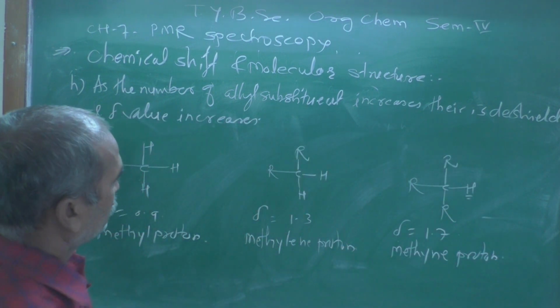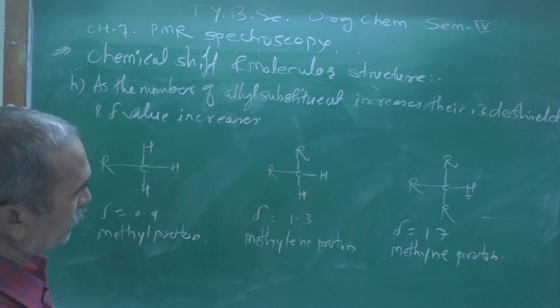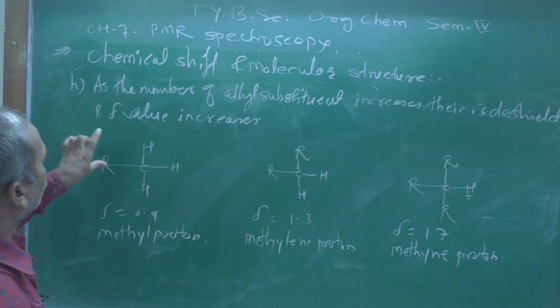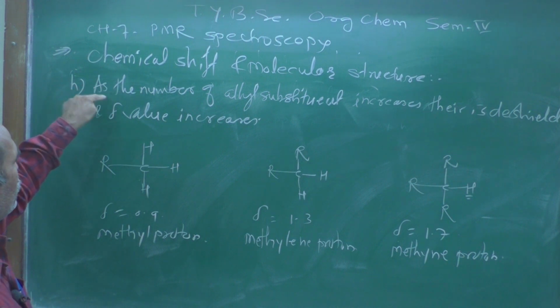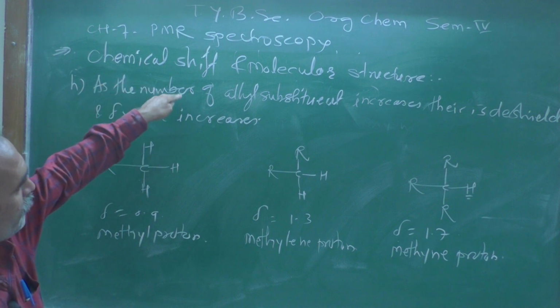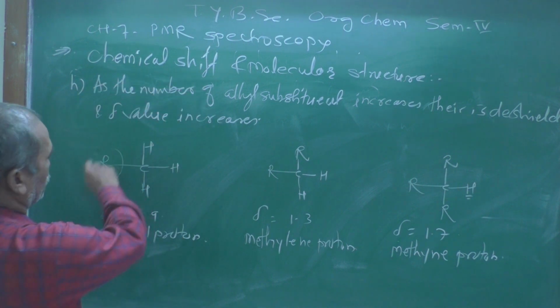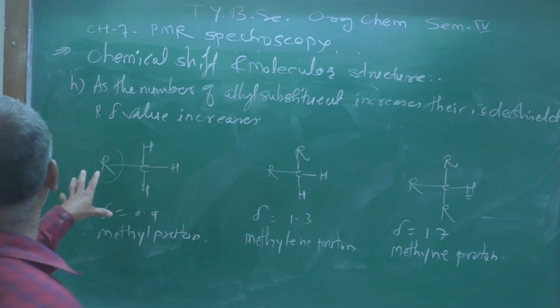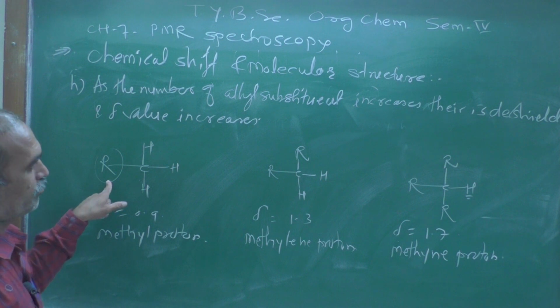Now see here, these 3 structures are very clearly drawn, and the sentence written here says, as the number of alkyl substituents increases. Alkyl means R group. If you observe the first structure you will see only one R group.